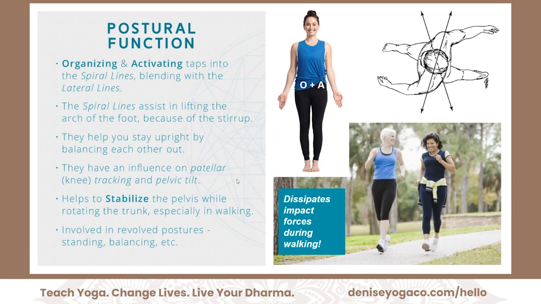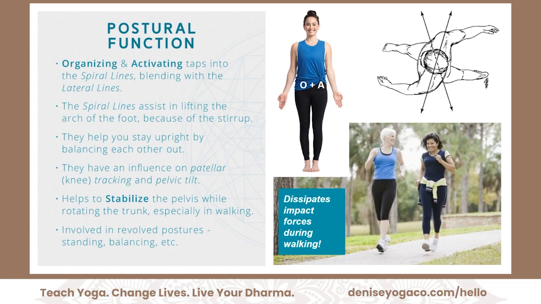Now, we've already talked about organizing and activating, so that's one way. As soon as you organize and activate, you're ready to go, right? You have your foot to core connection to a pretty good degree, and you're organized. You've got your knees stable, arches lifted, pelvis stable.